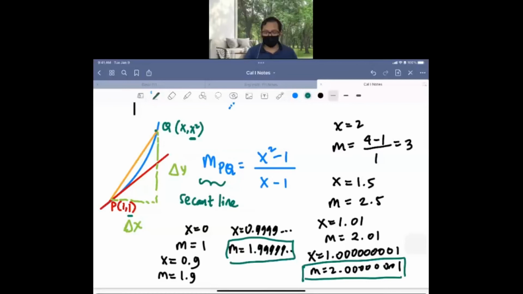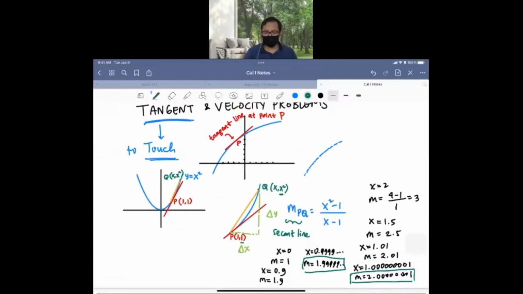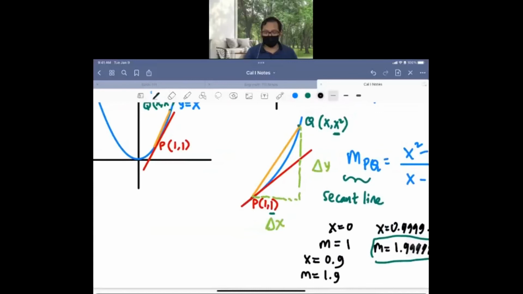We have 1.99999, almost reaching 2, but it's not 2. Then we need something to say about it, and that's how we get limit. So from here, we say limit, as Q gets closer to P.